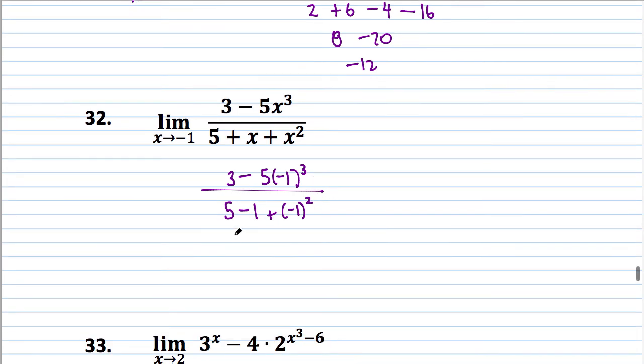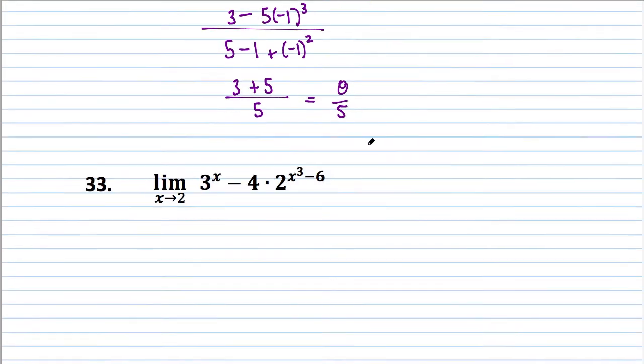So this would be 3, and negative 1 cubed is negative 1, so plus 5 now, over 5, since negative 1 squared is positive 1, and then negative 1 and positive 1 cancel out. So in the end, we have 8/5. So our limit for this function as x approaches negative 1 is just 8/5.